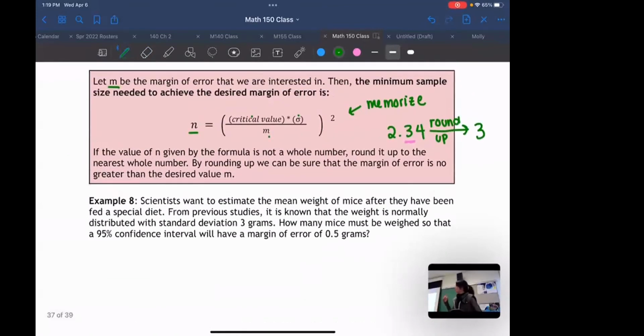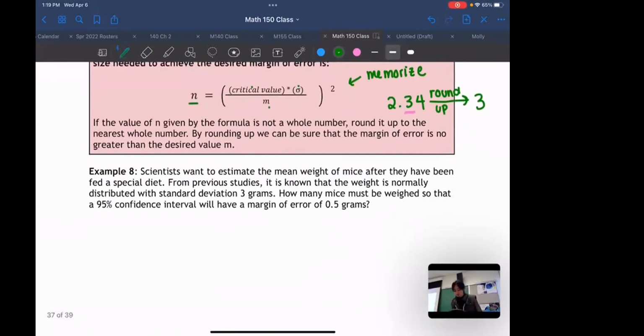We know our formula has the critical value, the population standard deviation, and M. We all know that this goes into these types of questions, right? What's M in this question? Good, 0.5. It's the margin of error. What's the standard deviation? 3, good.